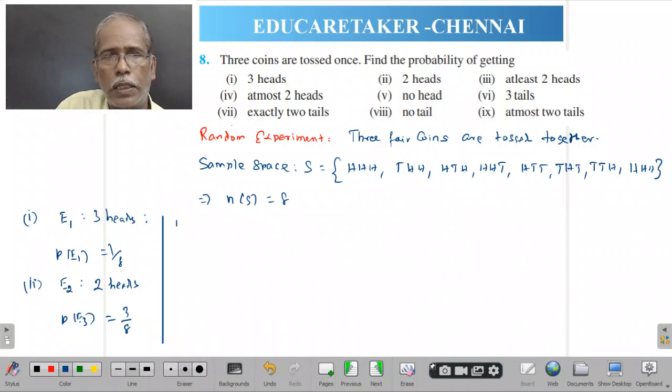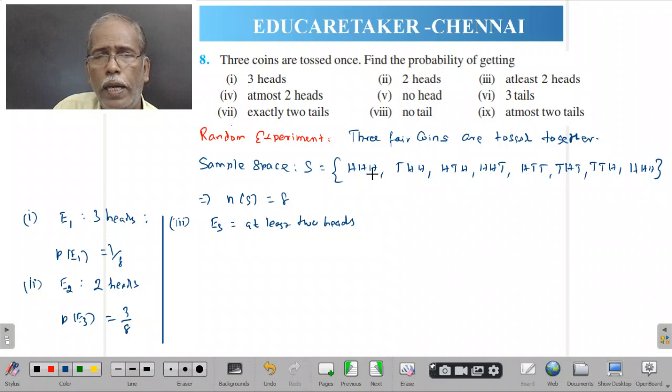Then subdivision 3, E3, at least 2 heads. At least 2 heads mean 2 heads and 3 heads.